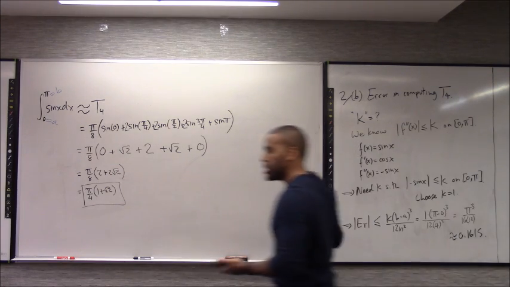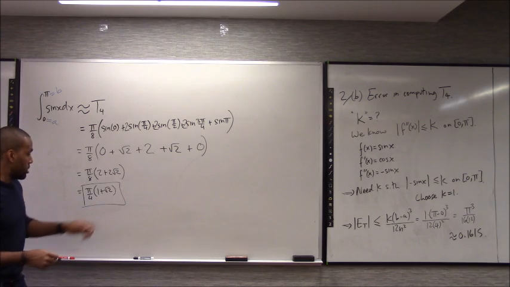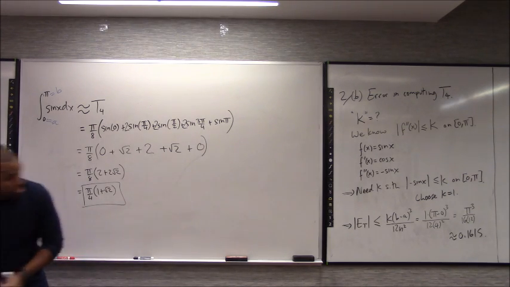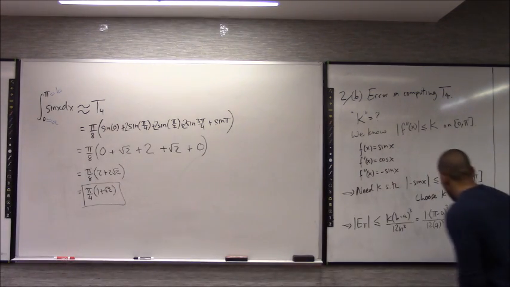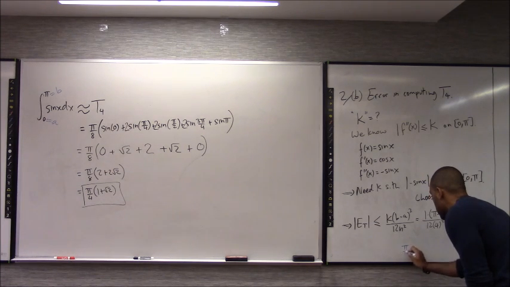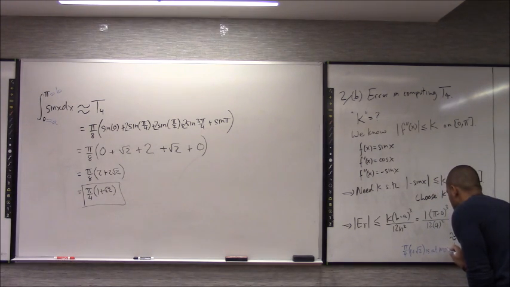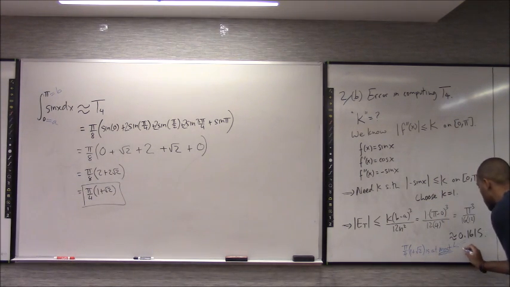So basically, what does that actually mean? What this means is that the answer, pi over 4 times (1 plus radical 2), is at most 0.1615 off the actual answer.